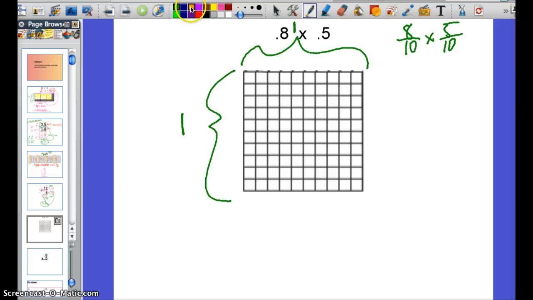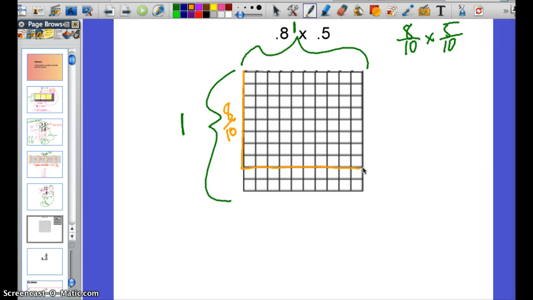All right, so let's take a look. Let's have this side here be our 8 tenths side. So here's 1 tenth, 2 tenths, 3 tenths, 4 tenths, 5 tenths, 6 tenths, 7 tenths, 8 tenths. So I've drawn in a line that goes 8 down out of the 10 that are available to go down. So this is 8 tenths of this block.